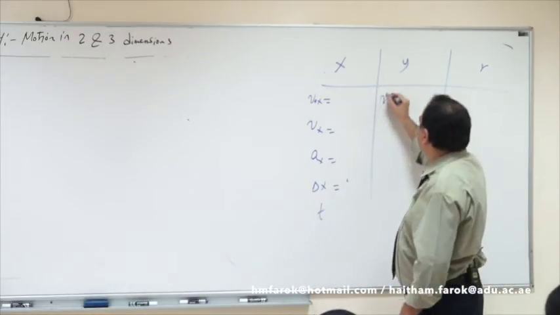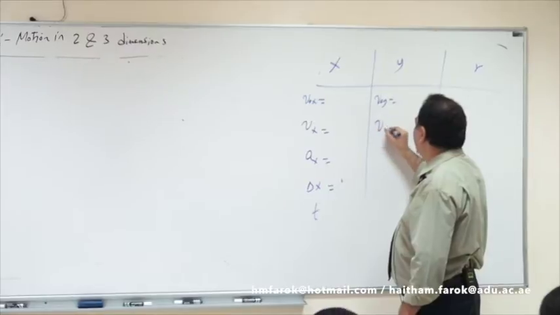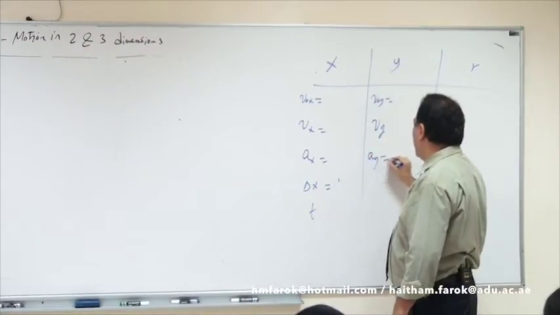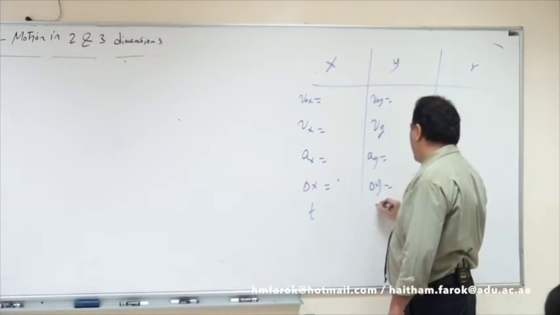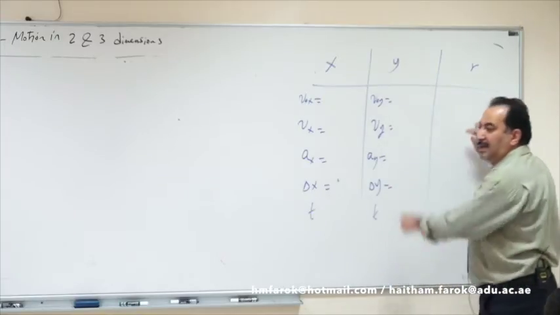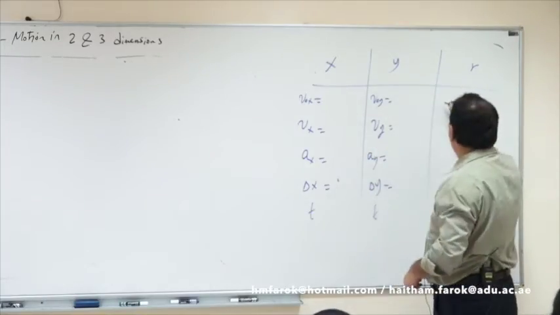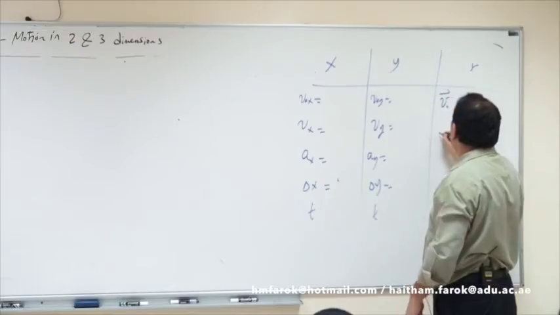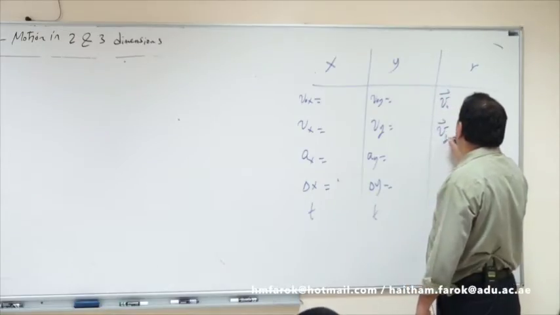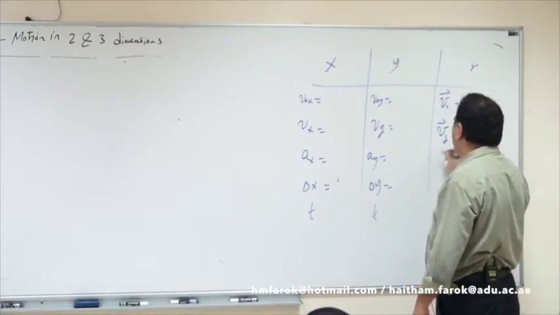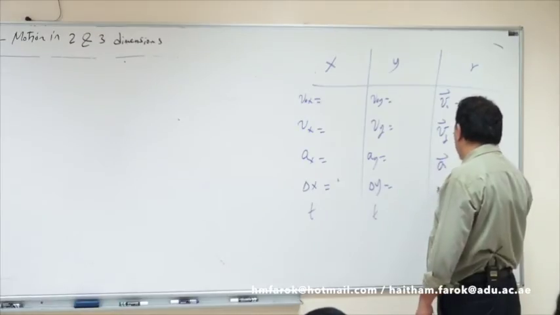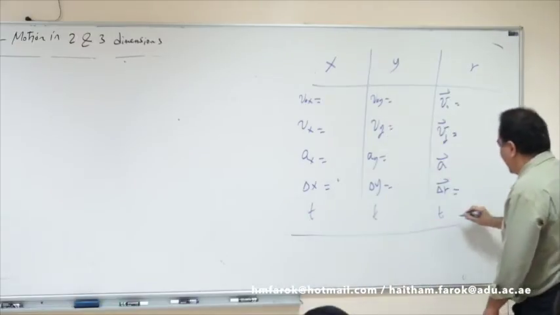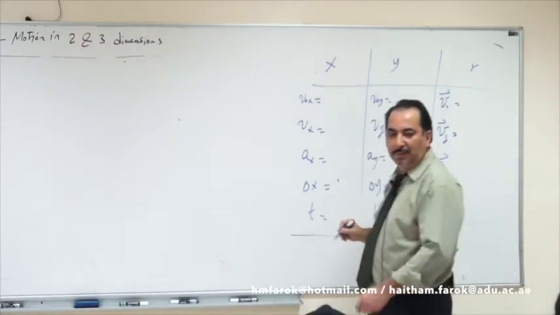Same here: V naught Y, Vy, Ay, delta Y, and time. And here are the combinations, X and Y. So here I have V naught vector. Here I have V final vector. Here we have acceleration vector, and here we have displacement vector, and this is time. It's the same old table which we talked about.